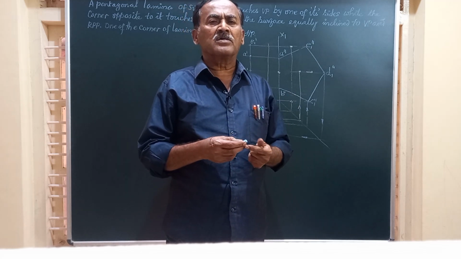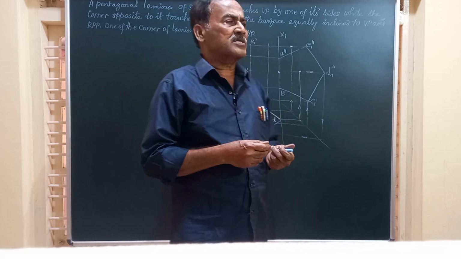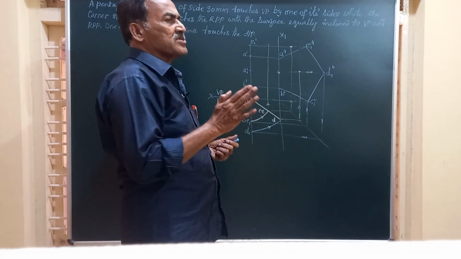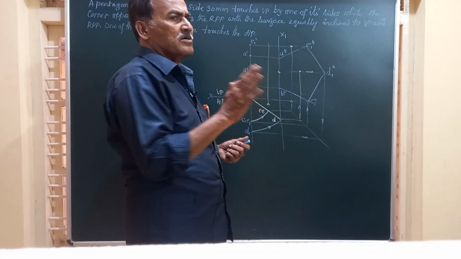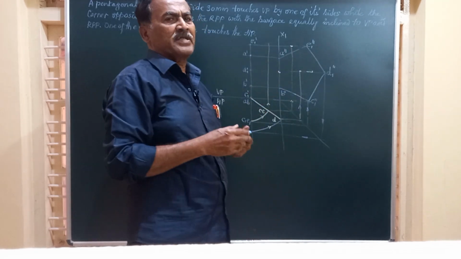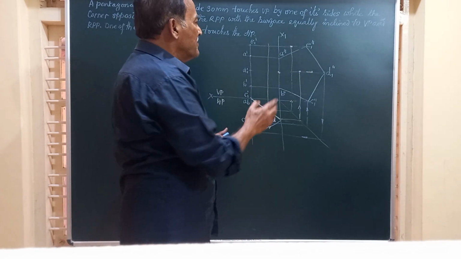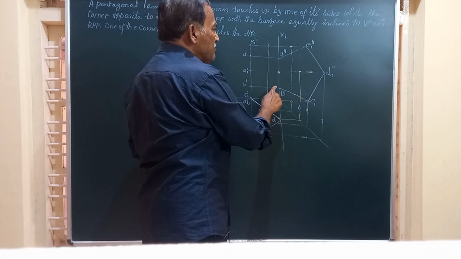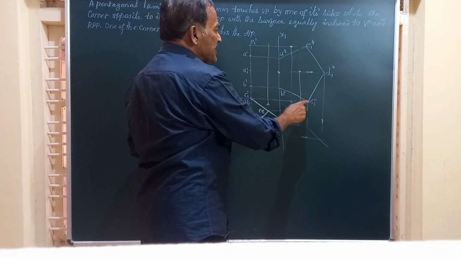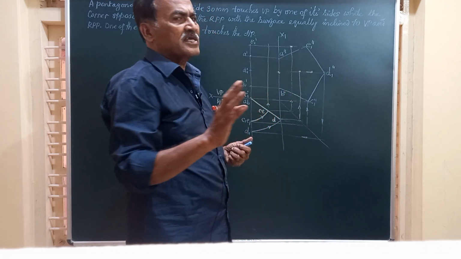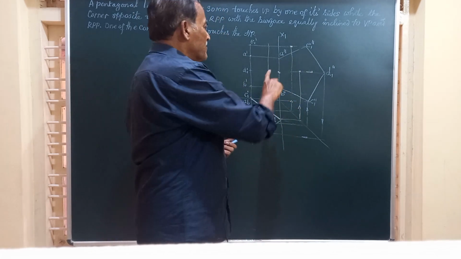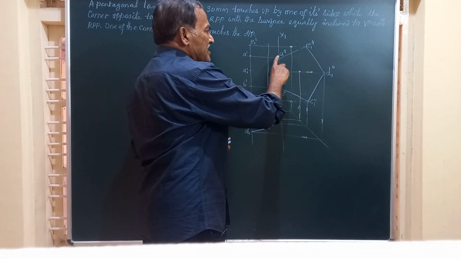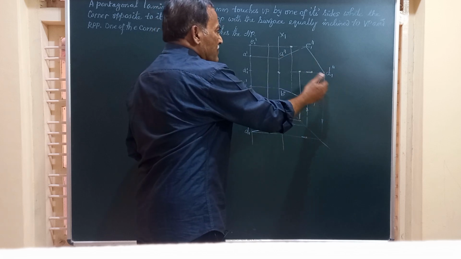So friends, let us assume that the lamina is placed on VP, or say on the right profile plane. And when it is placed on the right profile plane, one of the sides, AB, is on that, CDE. First of all, we will construct a regular pentagon of 30 millimeter side on the right profile plane.